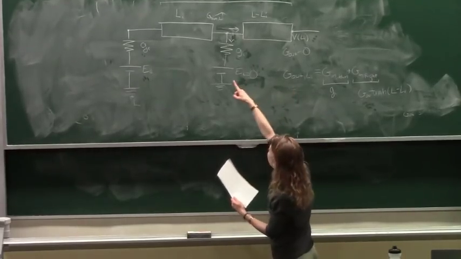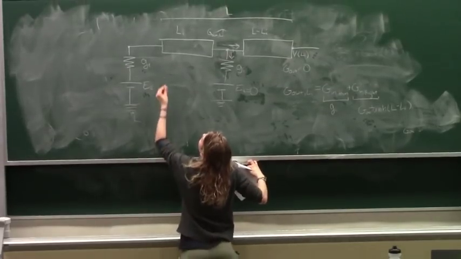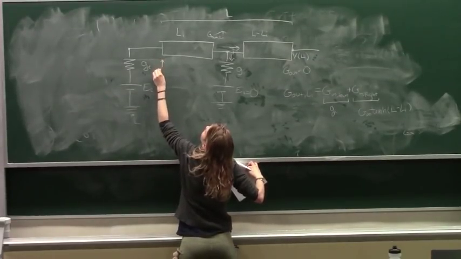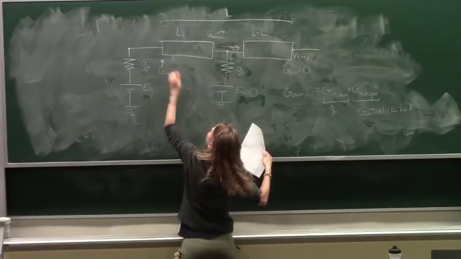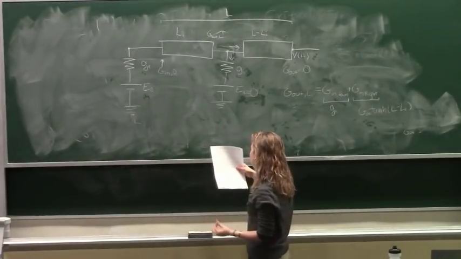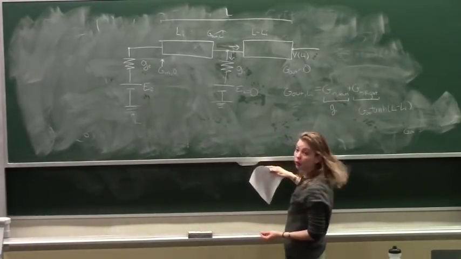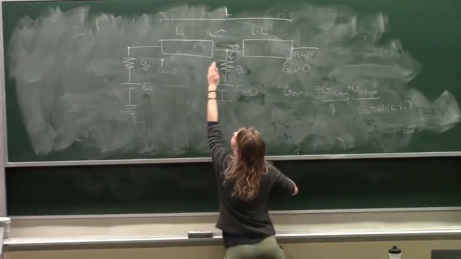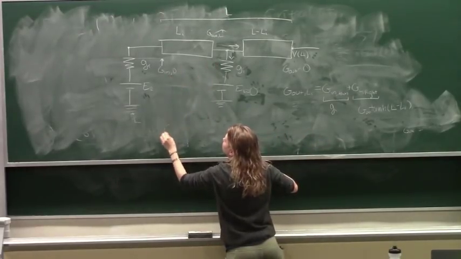Okay, so we have G out Li. Now we want to find G in 0. Again, we're just going to use the formula. We have the out conductance of this branch, and we want to find the in conductance of this branch.